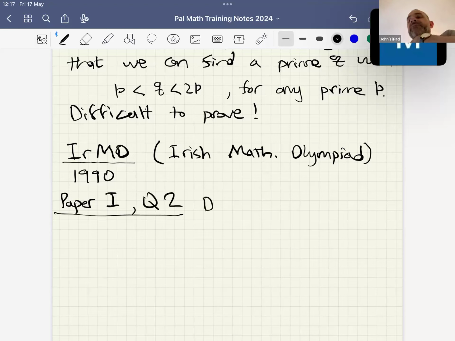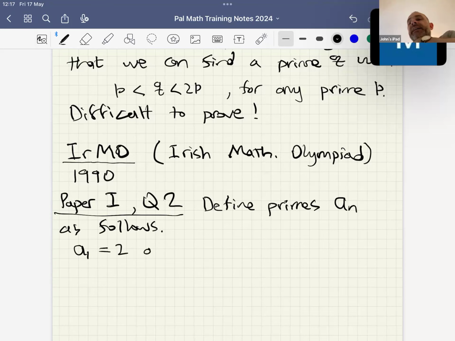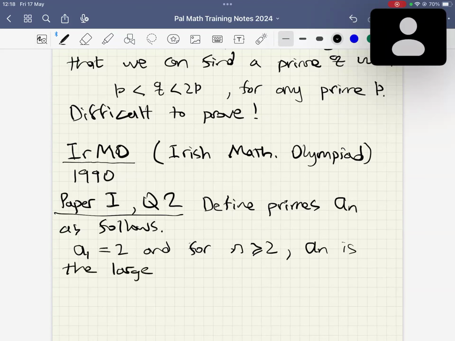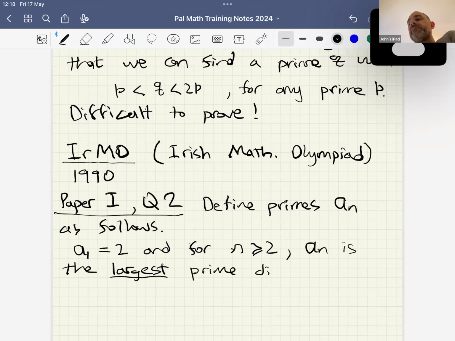It says, define primes AN as follows. First of all, we define A1 to be 2, and for n greater than or equal to 2, AN is the largest prime divisor of A1 times A2 times up to A(n-1), plus 1.